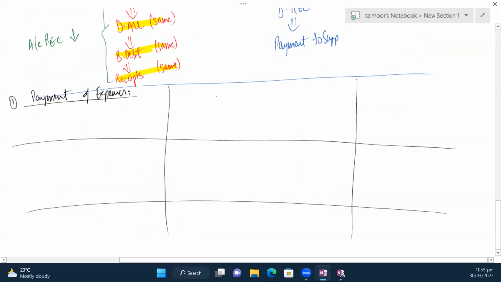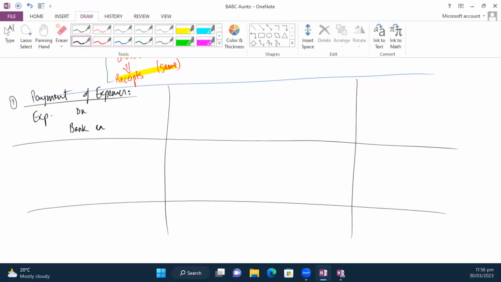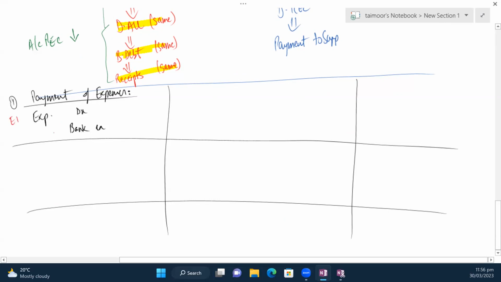If you're making a payment for any expense, so the entry is going to be that expense debit and bank credit. Why is it? Because your expense is increasing and asset is decreasing.